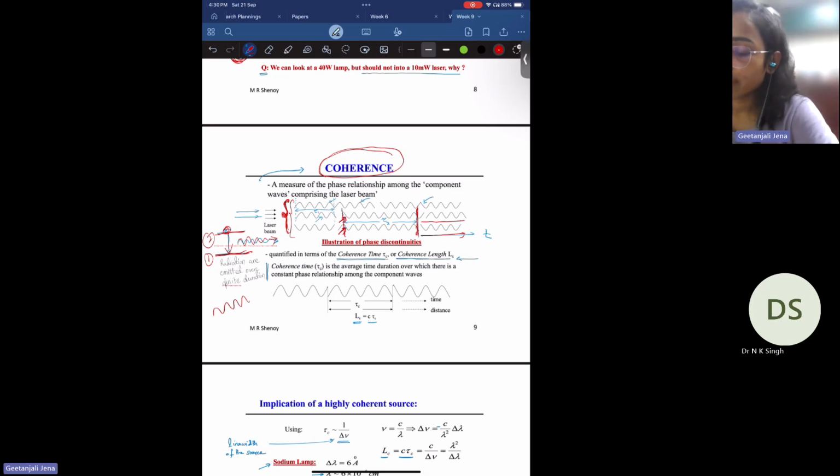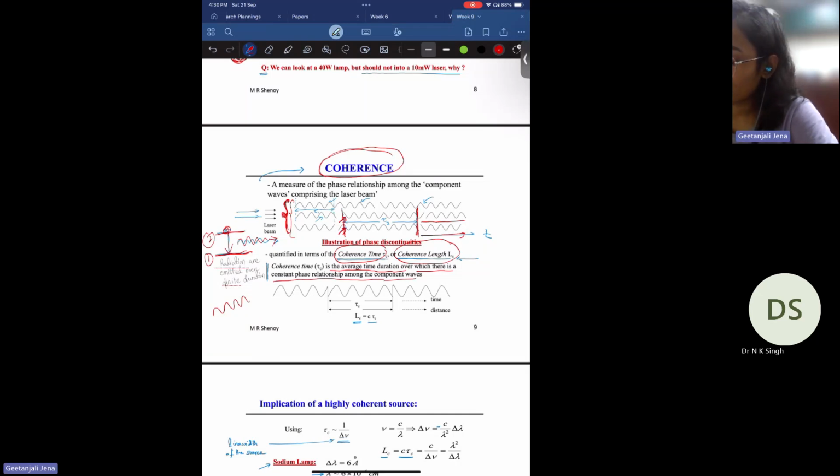To quantify the coherence, we use coherence time or coherence length. So tau C and LC define the coherence of a laser. Coherence time, by definition, is the average time duration over which the constant phase relationship among the components is maintained.